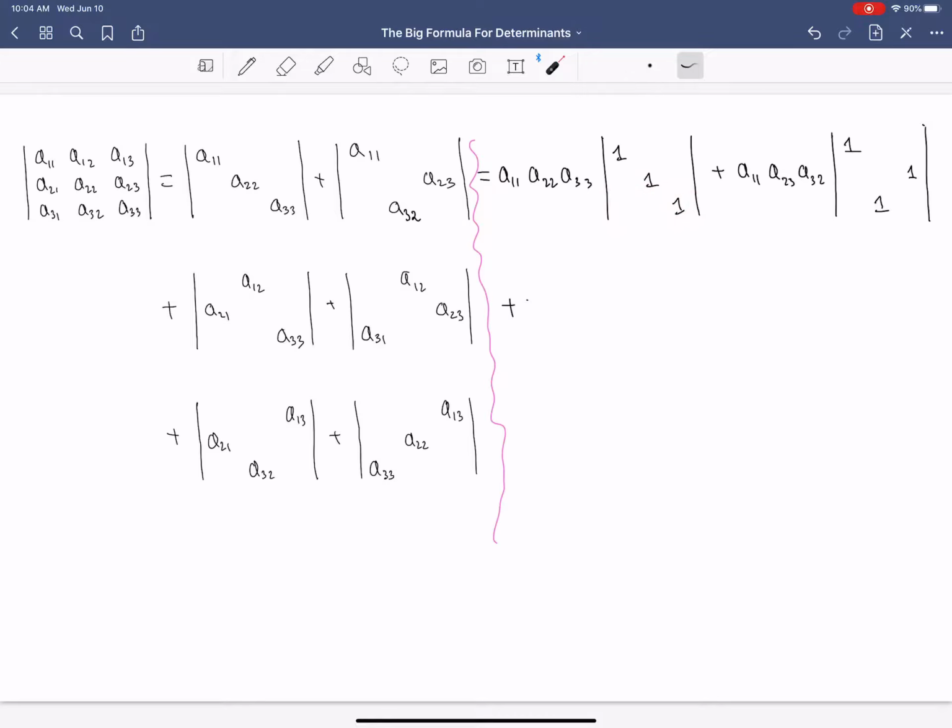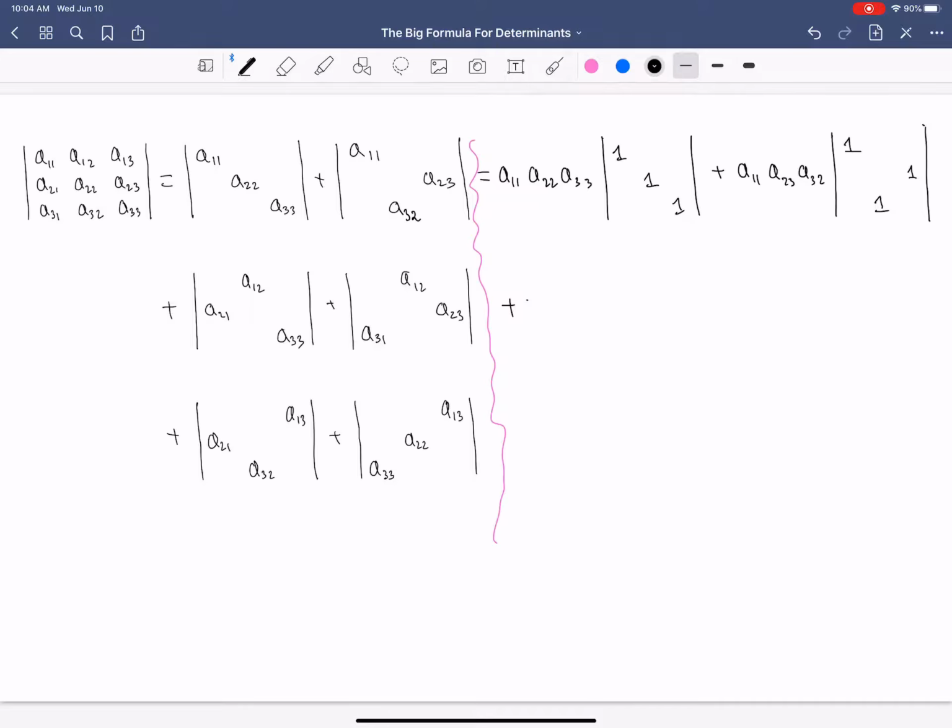So because we have exactly one term chosen in each row, we can factor it out. If we had another number here, then A11 would not just be a common multiple. You're not going to get these permutation matrices.